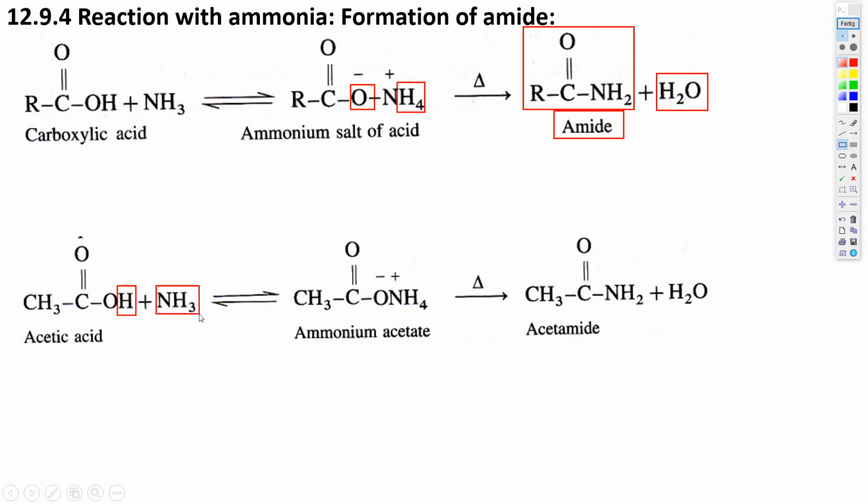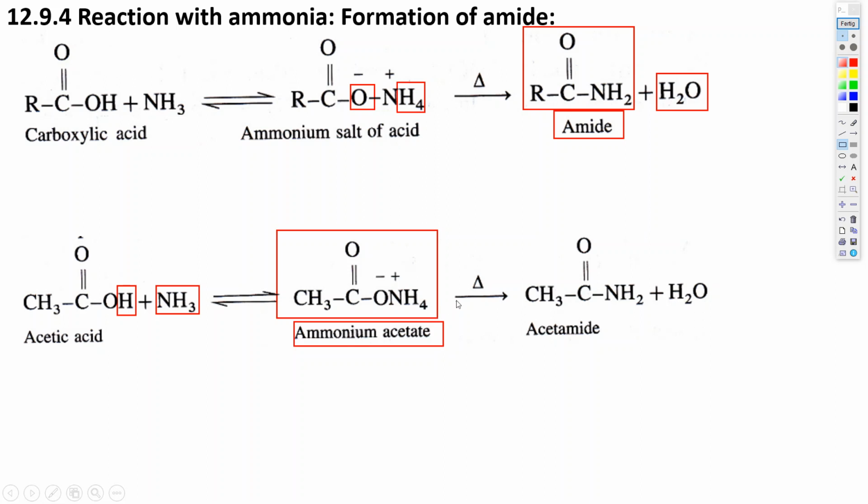NH3 becomes NH4, NH4 plus, O minus. So what will be the product? CH3 C double bond O, O, NH4. NH4 acquires a positive charge, O acquires a negative charge. So the product is like this: CH3 C double bond O, O minus, NH4 plus. We call it ammonium acetate.